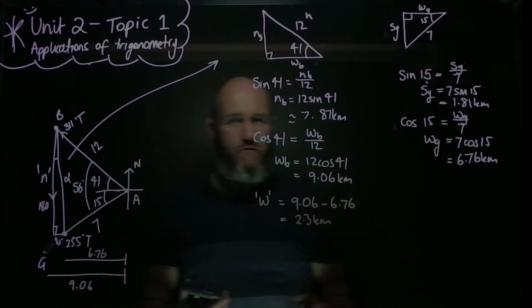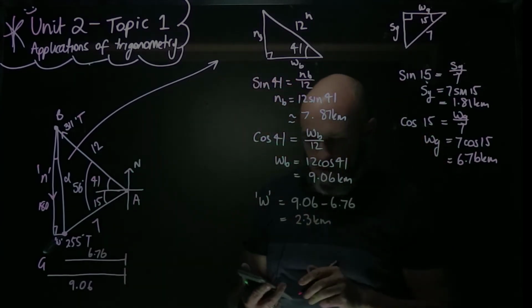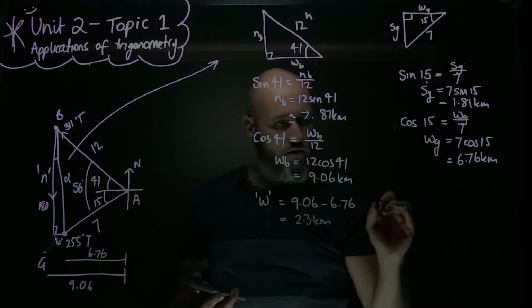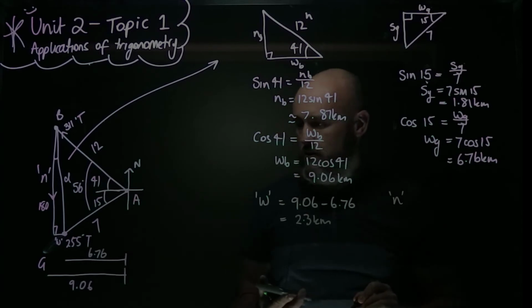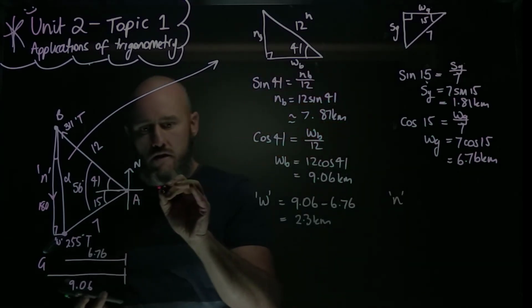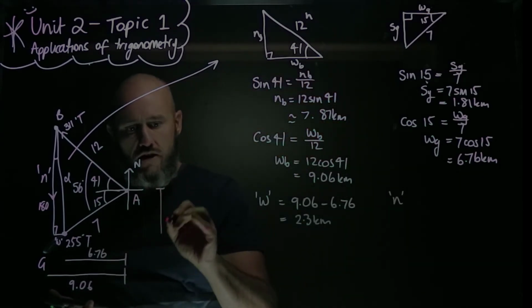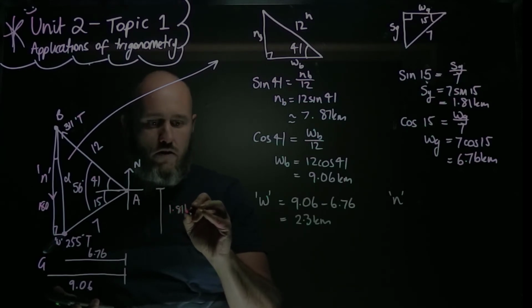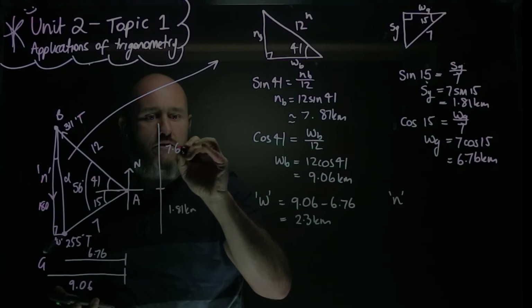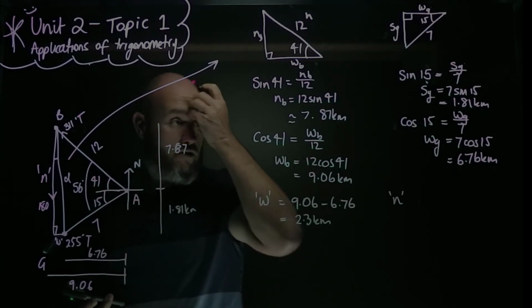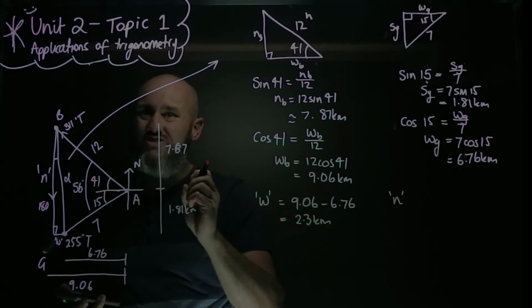Now this is all rounded. I'm going to use the actual figures in my final calculation. And then we also want to calculate how far north Ben is of Georgie. If I draw it here, Georgie's gone south 1.81 kilometres, whereas Ben's gone north 7.87 kilometres. And so I need to add those two together.